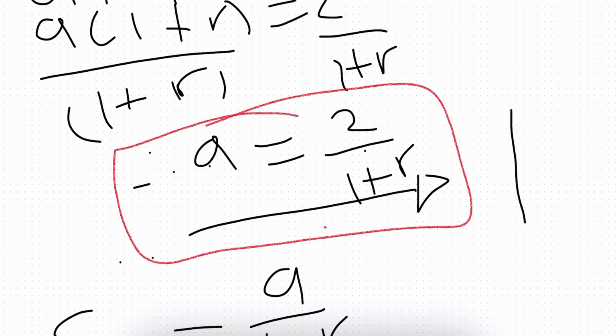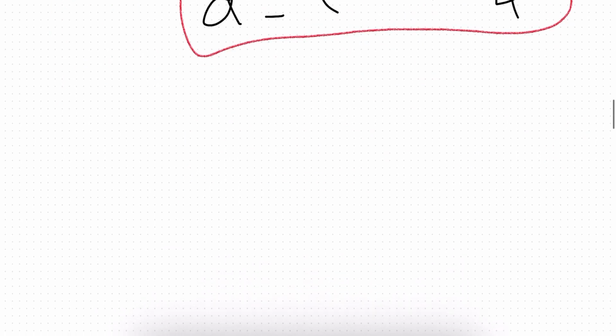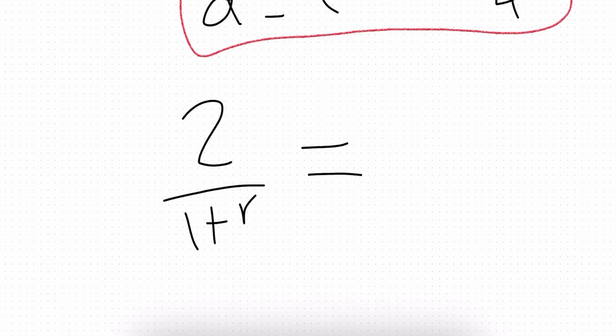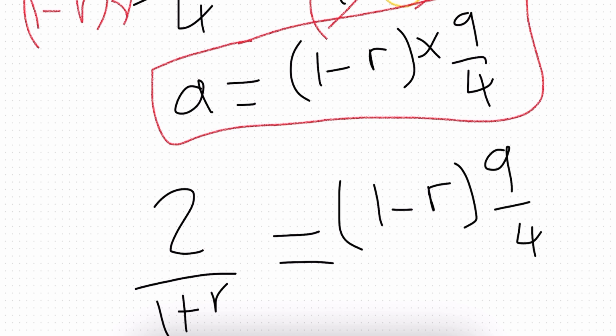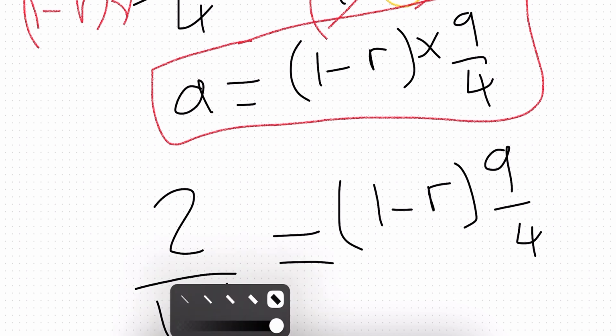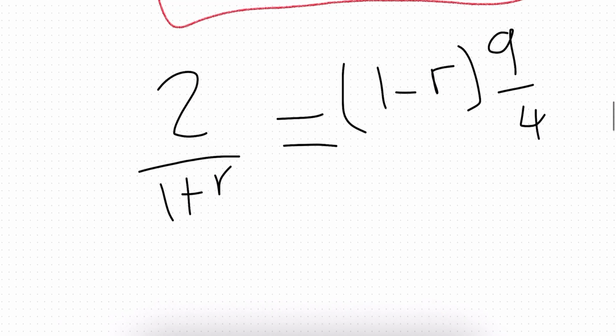Okay, cool. So let's just equate them. It's 2 over 1 plus r is equal to 1 minus r all the way to 9 over 4. So now it's just us playing with mathematics here.